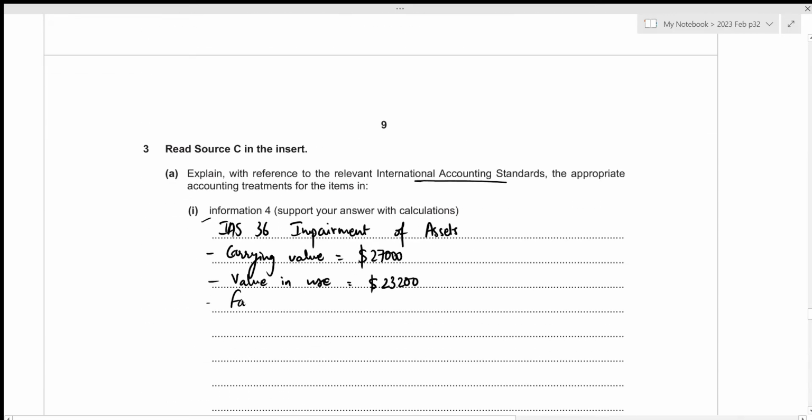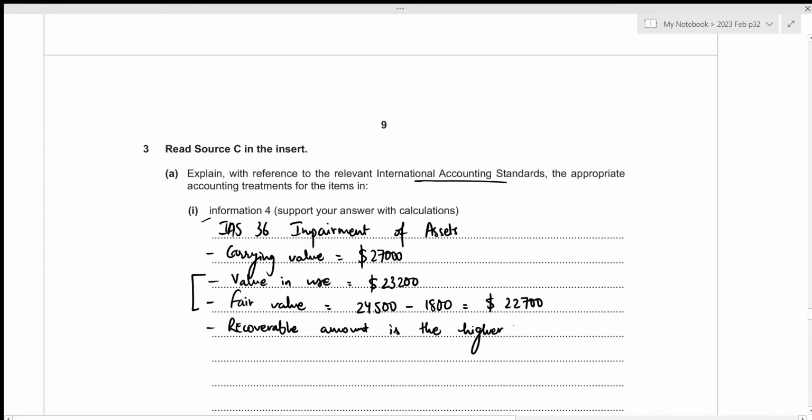So fair value is going to be the selling price of 24,500 minus our selling cost of 1,800, which results in the value of 22,700. Now, we have to compare our value in use to our fair value in order to figure out the recoverable amount, because recoverable amount is the higher of fair value and value in use.